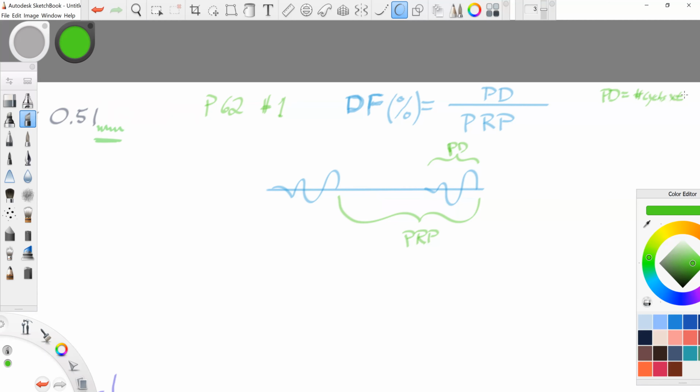Now the pulse repetition frequency is 3. The percentage of time, pulse duration over pulse repetition period.